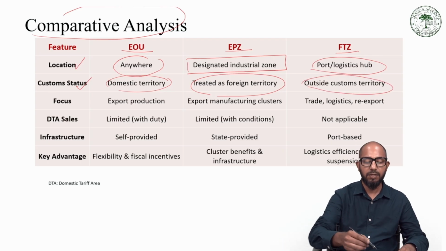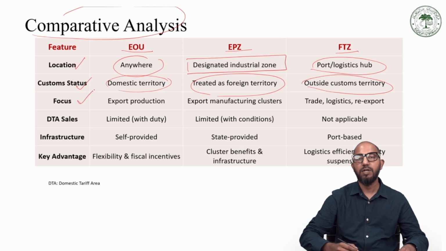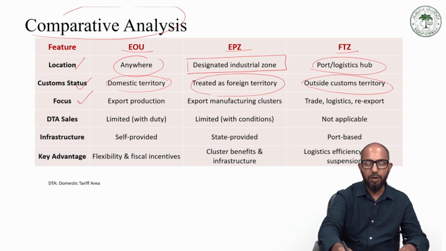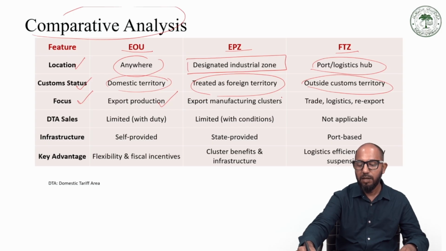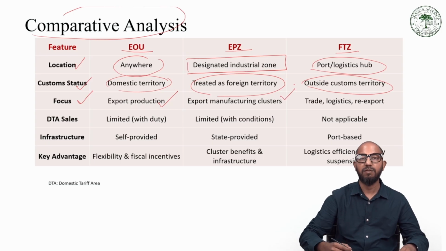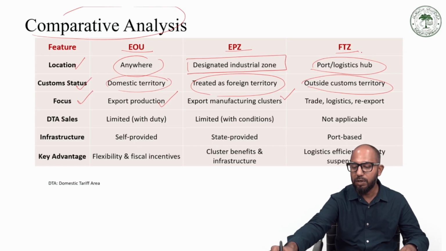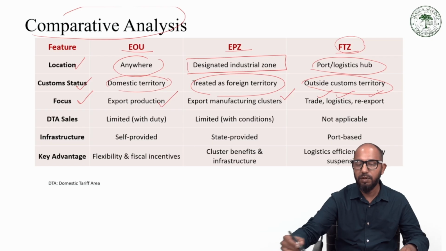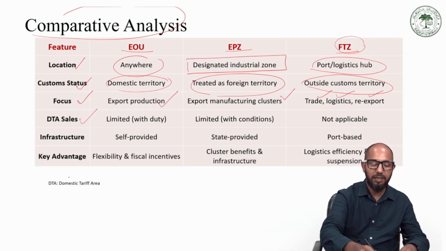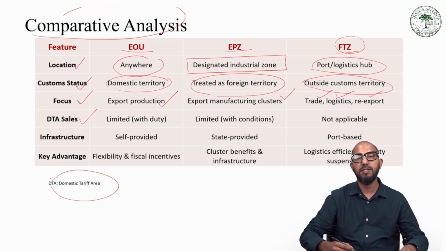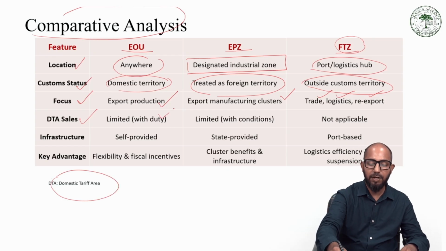The third is focus. The focus of EOU is on export production, while the focus of EPZ is on export manufacturing clusters. In opposition to that, the focus of free trade zone is on trade, logistics, and re-export. With respect to DTA sale, that is domestic tariff area sales, it is limited in the EOU.